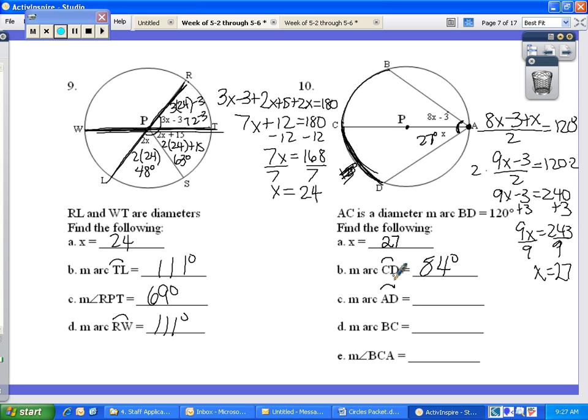AD, arc AD goes from here to here. And again, what do you know about this whole arc? That whole arc is a semicircle because it's the arc of the diameter. So therefore, you're going to subtract 180 minus 54. And you are going to get that arc AD is 126 degrees.